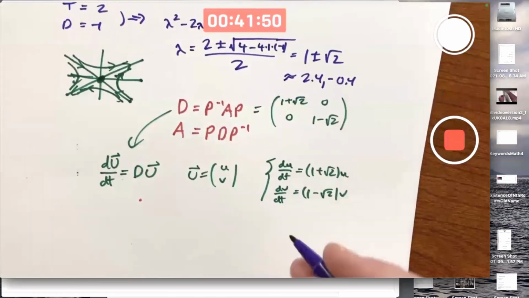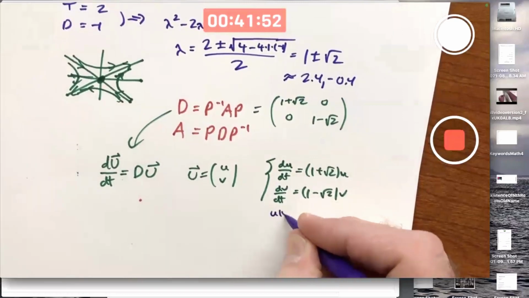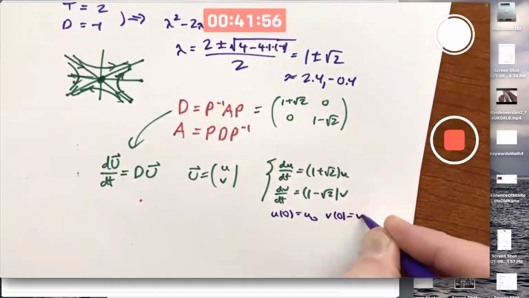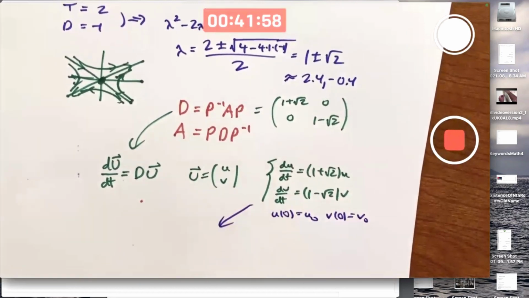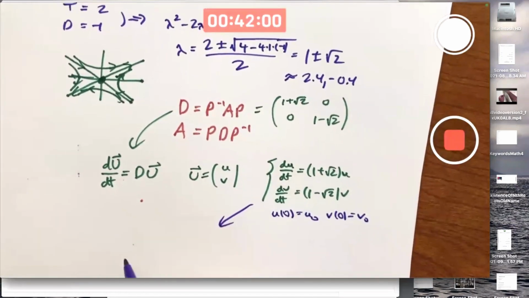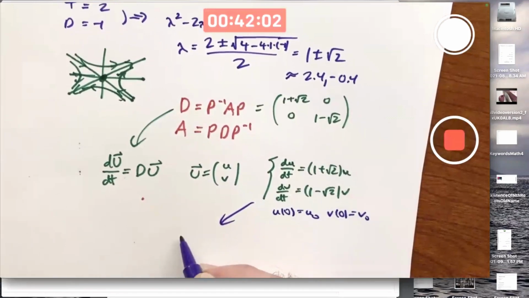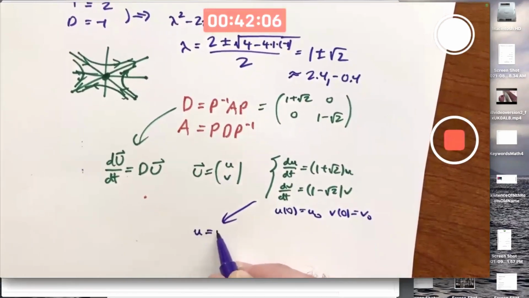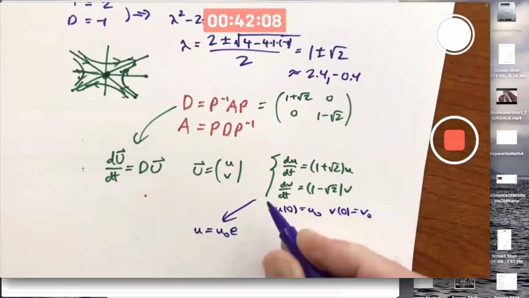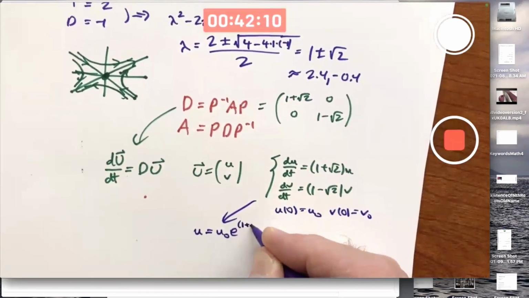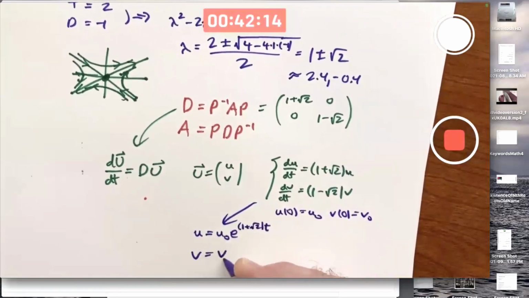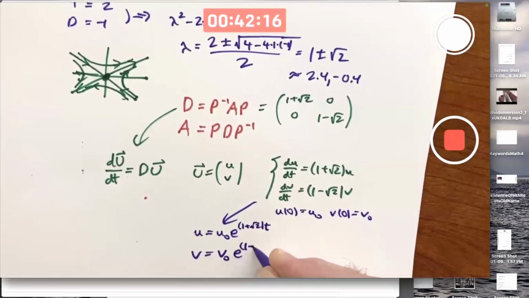And if I have generic initial conditions, u(0) equals u0, v(0) equals v0, I can write down the solution. As two scalar equations, the solution would be u equals u0 e^((1+√2)t), v equals v0 e^((1−√2)t).